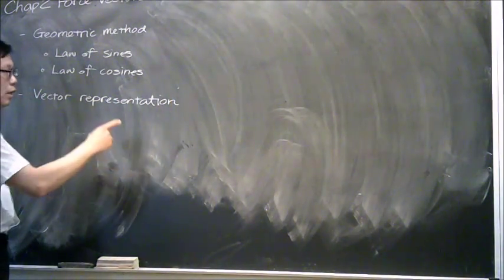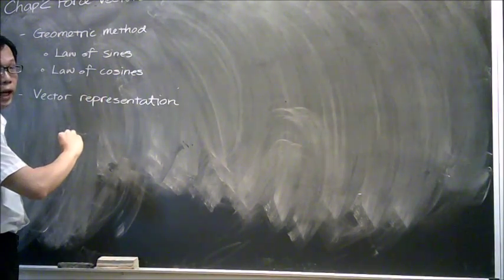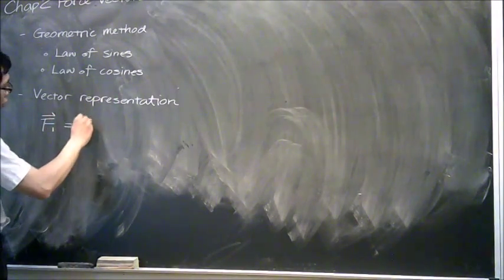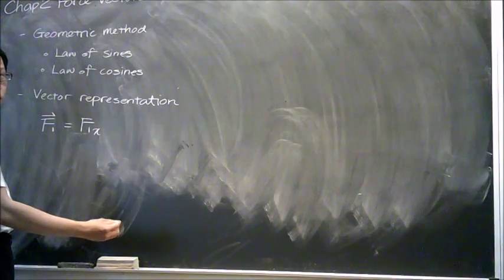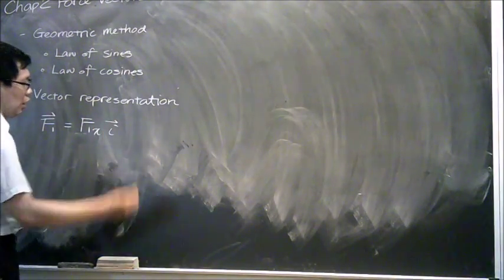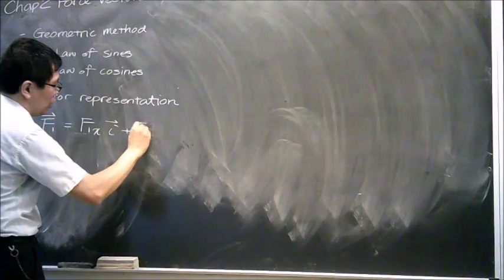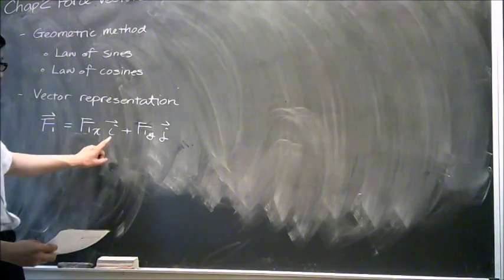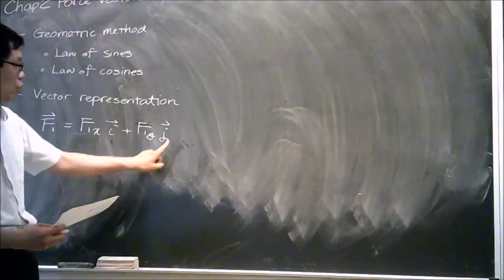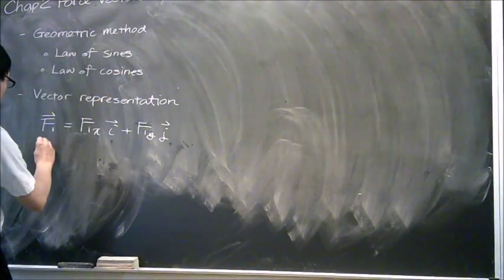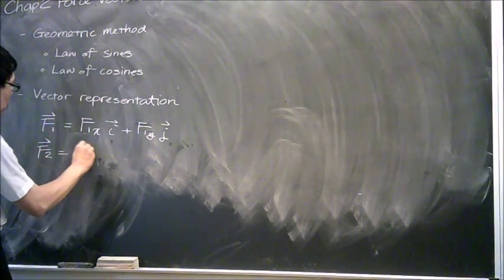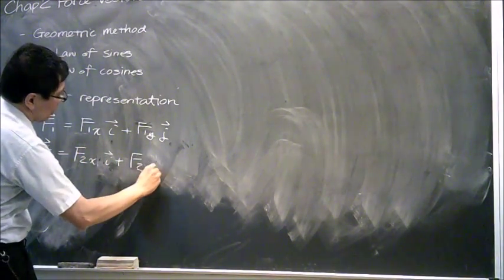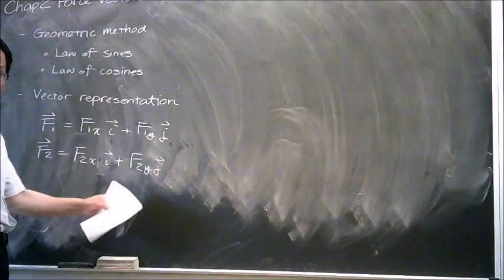So instead of using magnitude and angles, we can decouple the force into the combination of x direction and y direction. Keep in mind, the vector for this force is going to have i as the x direction, j as the y direction. So if I have a second force like this, I can easily decouple it into those two directions.